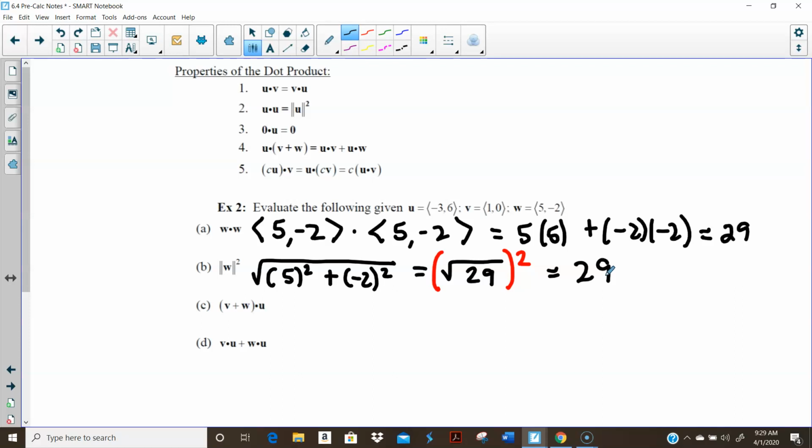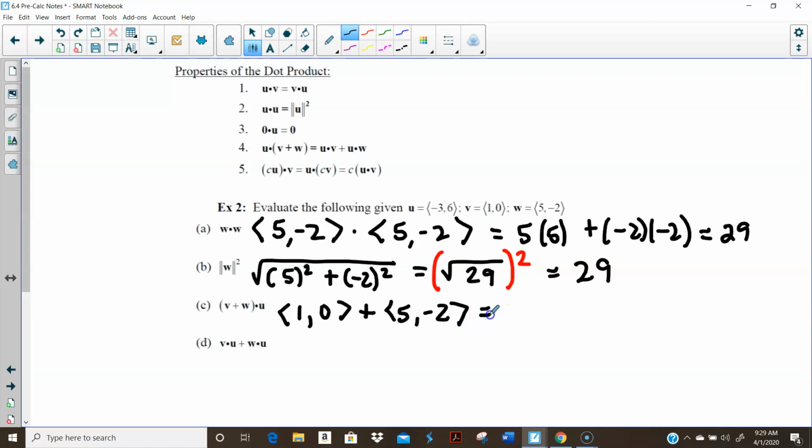All right, the next one we're going to do is look at C and D. C and D is going to show us how number 4 is equivalent. So looking at C, we have V plus W. So when you're adding vectors, you would start with vector V, which is 1, 0, and you're going to add that to vector W, which is 5, -2.